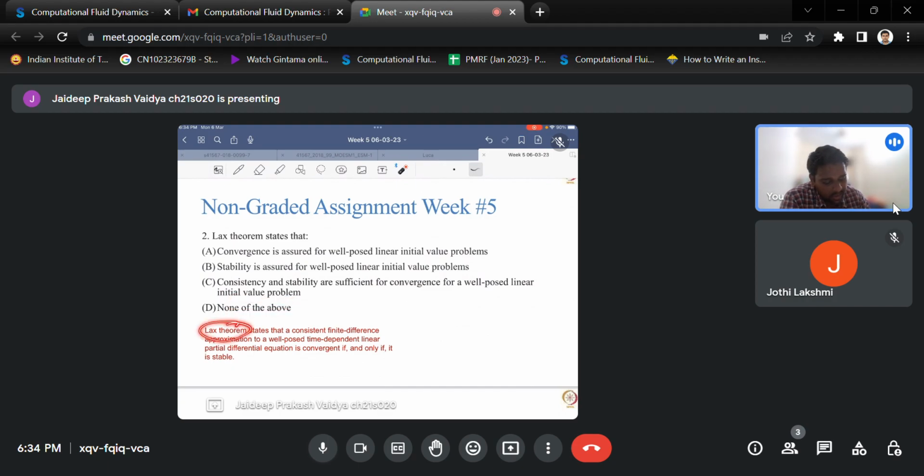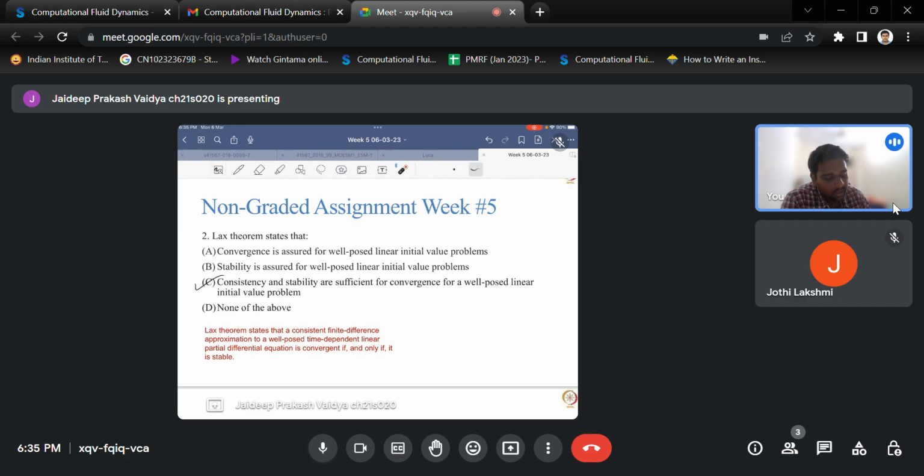According to the Lax theorem, a consistent finite difference approximation to a well-posed time-dependent linear partial differential equation is convergent if and only if it is stable. Therefore, stability is a necessary condition, whereas consistency and stability together constitute the sufficient condition for the convergence of a well-posed linear initial value problem.